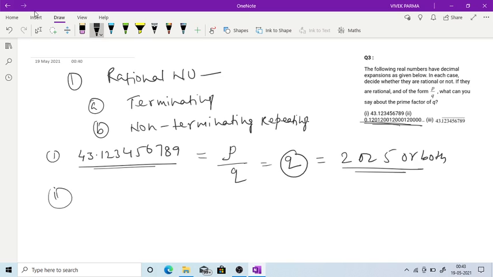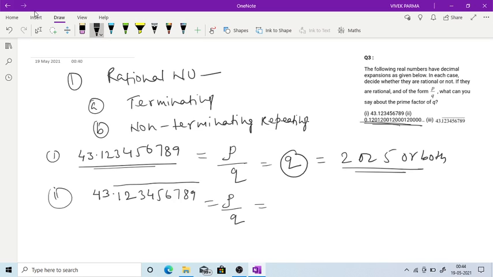So we take another. Here is 43.123456789 with a bar over the decimal part, right? It means this is a rational number, right? And it can be written as p upon q, where q will have factors other than 2 or 5, right?